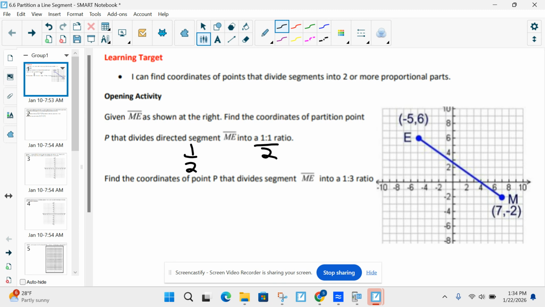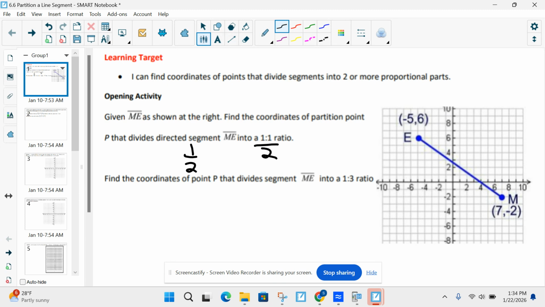So we talked about how what we're doing is the midpoint, but I want you to think about it a different way if you didn't figure it out already. And maybe you did think about it this way. Instead of a formula, I want you to think about the coordinate plane we have.